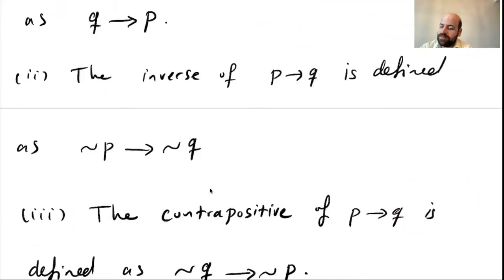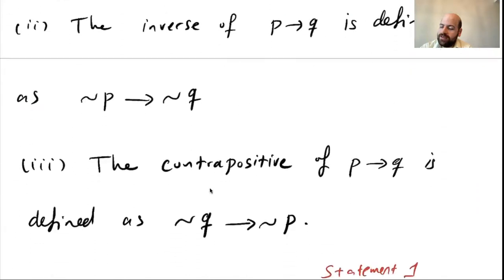The contrapositive of P implies Q is defined as negation Q implies negation P. So you have to negate both of them and also swap the assumption with the conclusion.